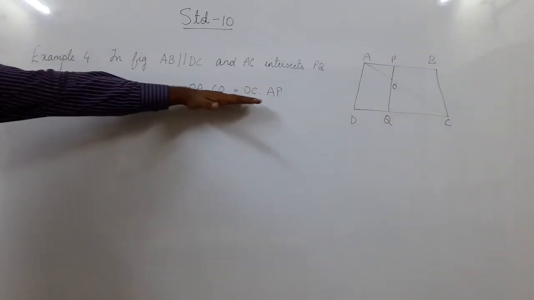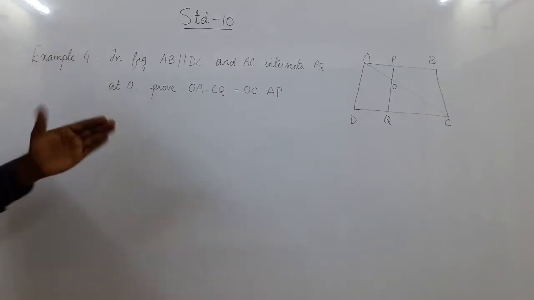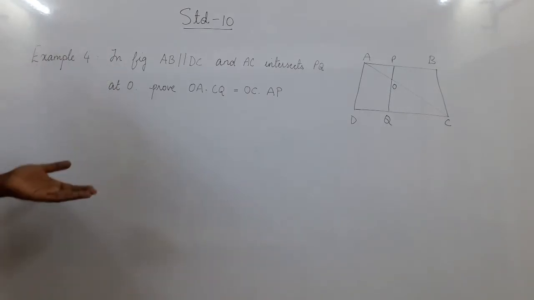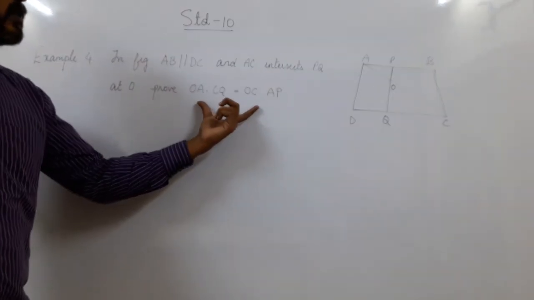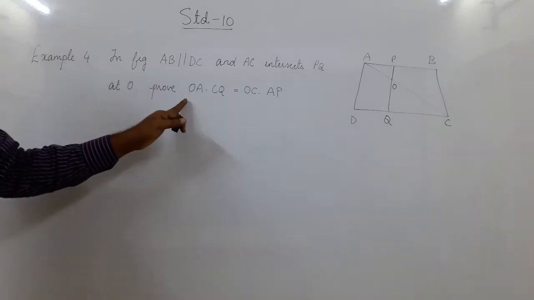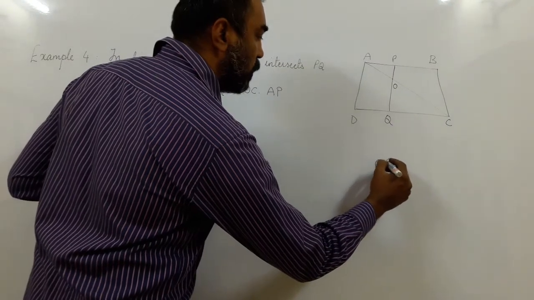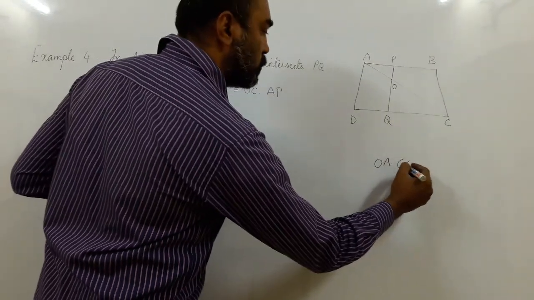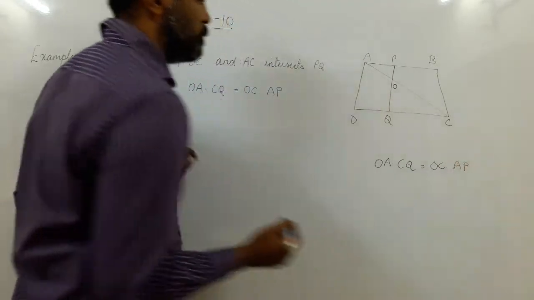Now you must be wondering which form this is. Now in similarity, what do we know? That the ratio of the sides are equal. If the triangles are similar, then the ratio of the sides are equal. What is this multiplication? We have done the sum before and I hope it must already have struck you what is actually asked here. We are asked to show OA into CQ equal to OC into AP.